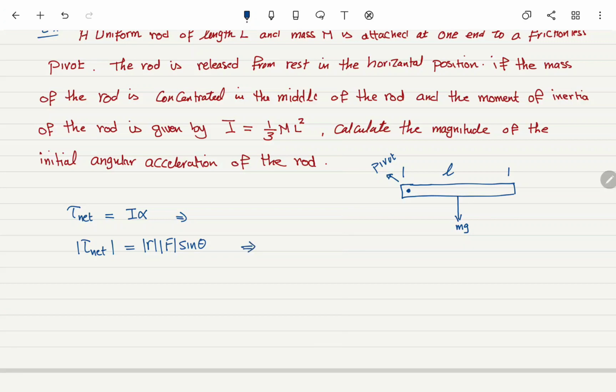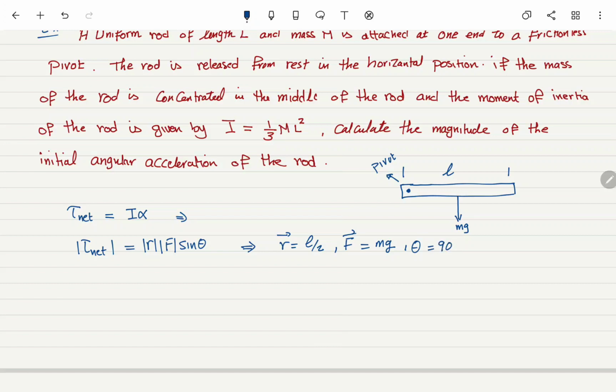R in this case is equal to L over 2, and F is the weight of the rod, and the angle between the force and the position R is equal to 90 degrees.